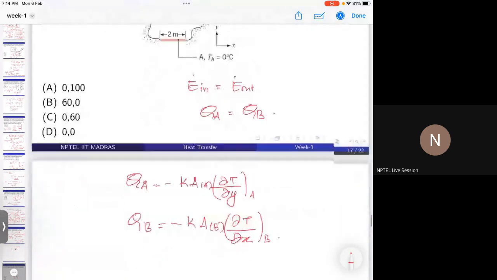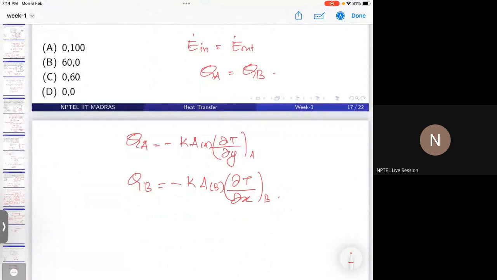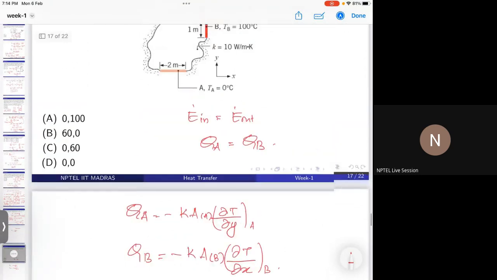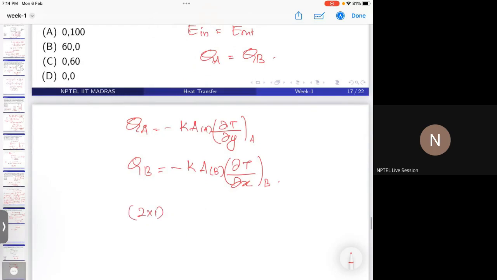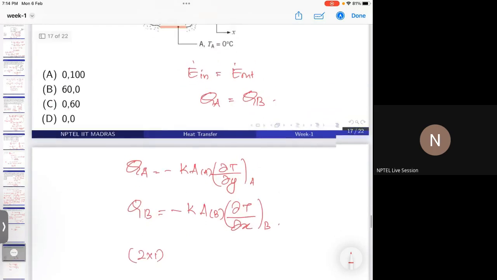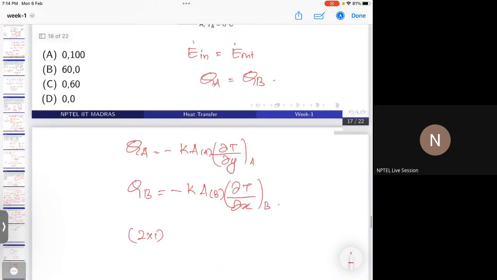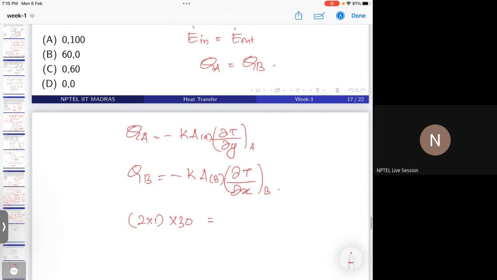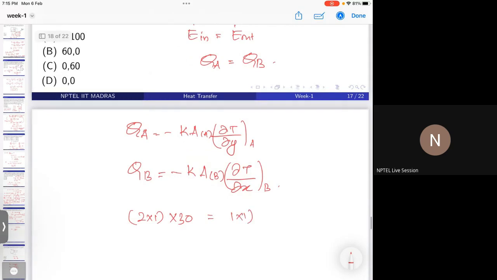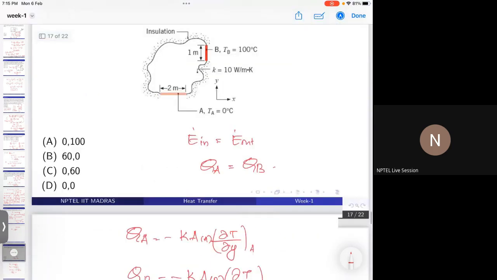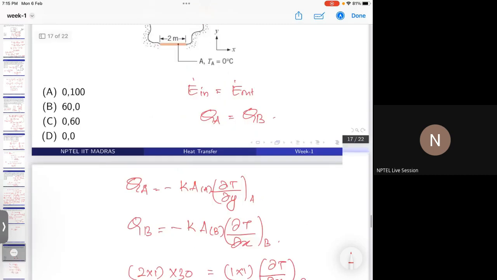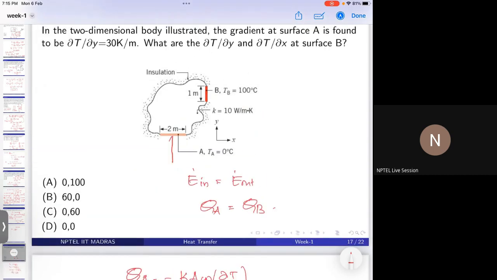If we equate these two, K is the same. The area here is 2, taking unit depth, times dou T by dou Y, which is given as 30, should be equal to 1 times dou T by dou X at B. So dou T by dou X at B is equal to 60 Kelvin per meter.